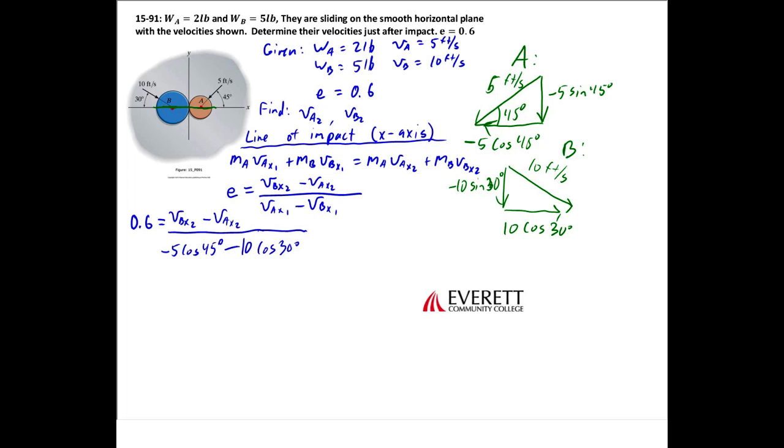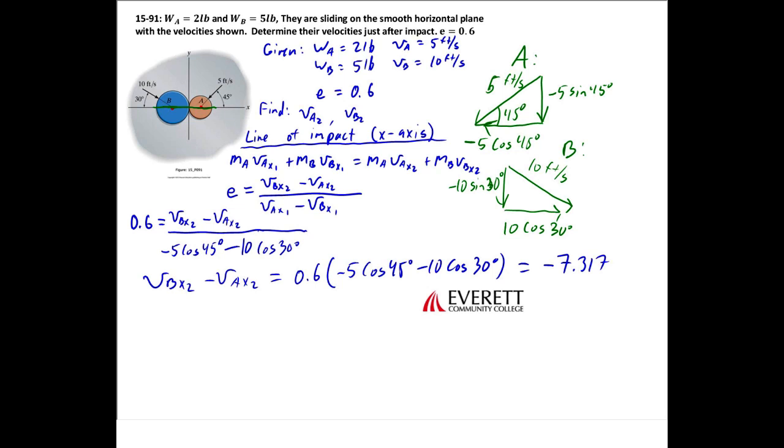So we end up with the equation v_bₓ₂ minus vₐₓ₂ is going to be equal to 0.6 times negative 5 cosine 45 degrees minus 10 cosine of 30 degrees. Plug that into our calculator, and that turns out to be negative 7.317.